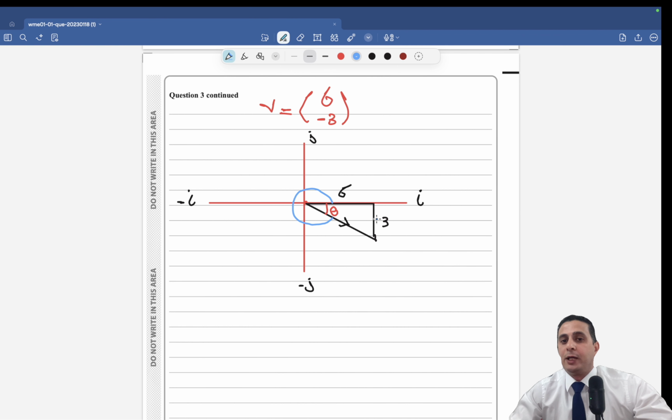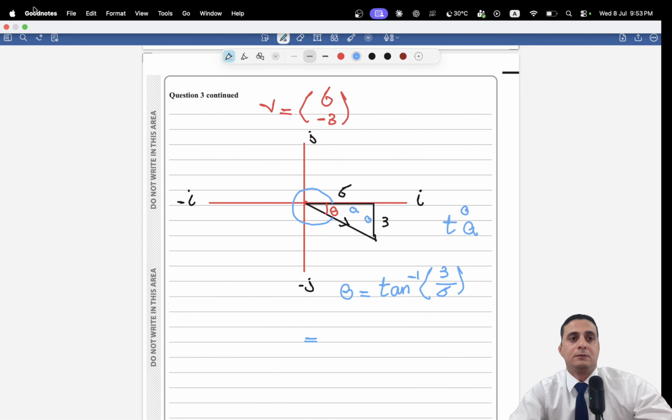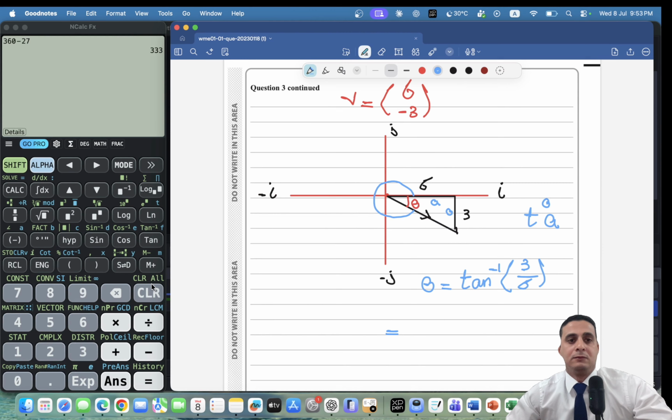I have here the opposite, and I have here the adjacent, so we can use TOA. The angle that I'm looking for, theta, will be tan inverse of opposite over adjacent, which is 3 over 6. Let's calculate this one. Tan inverse of 3/6 is 26.6 or 27.